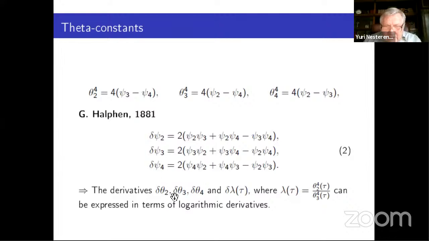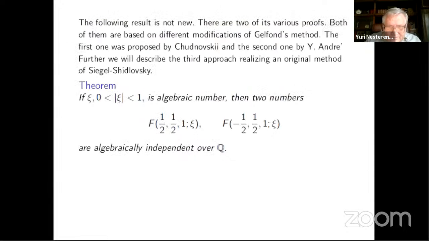All derivatives of theta 2, 3, 4, and of lambda can be expressed in terms of logarithmic derivatives. It is easier to work with these functions because of the symmetry, and the coefficient growth is slow, and so on.